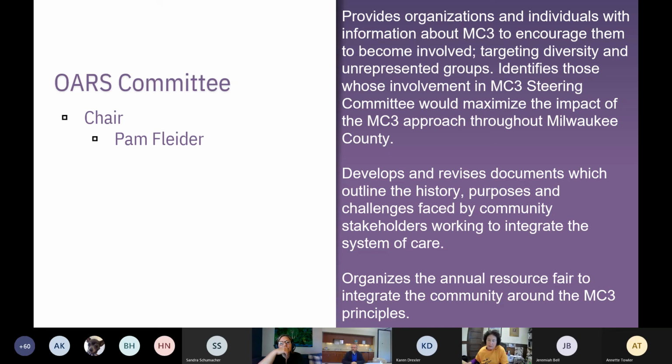We like our steering committee to be at least a third people with lived experience in some area, either substance abuse, physical disability, or mental health issues as well.